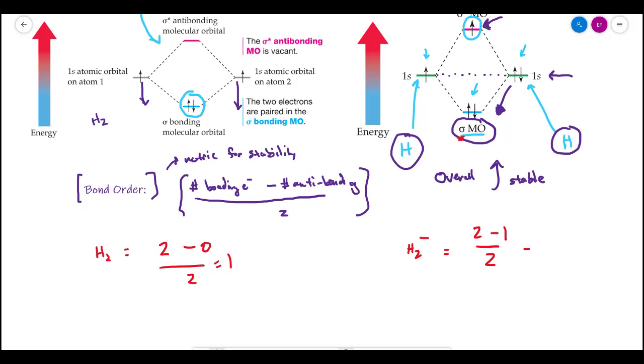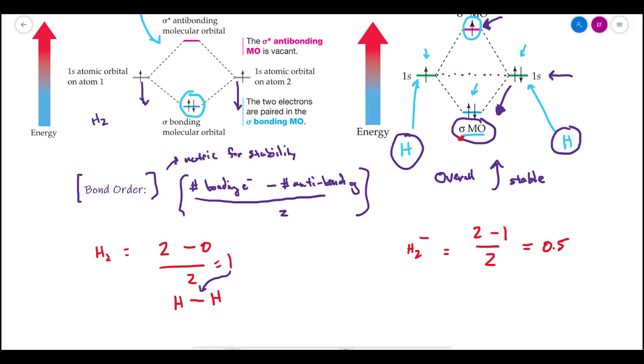Divided by 2 gives us 0.5. If you remember from a previous video, we said that the bond order was coincident with what type of bond that was. So if we had a bond order of 1, that constituted a single bond, right? And we said if we had a bond order of 2, that actually meant we had a double bond, a bond order of 3, etc.